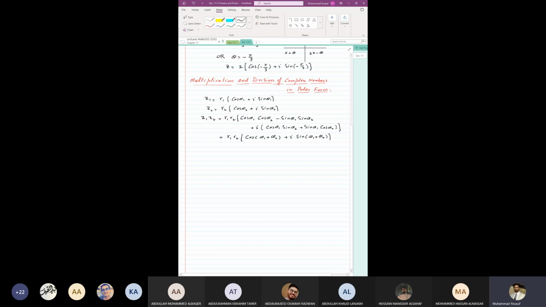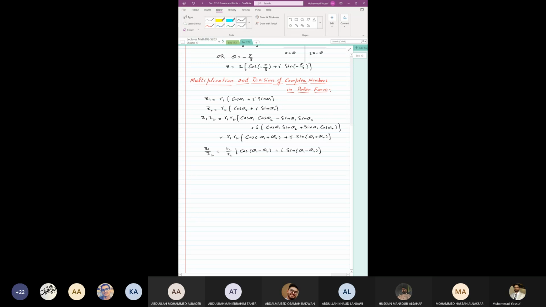And when we divide z1 by z2, this will be equal to r1 over r2, and then inside the bracket, cosine of theta 1 minus theta 2, the angle of the upper number minus the lower number, plus i sine of theta 1 minus theta 2.